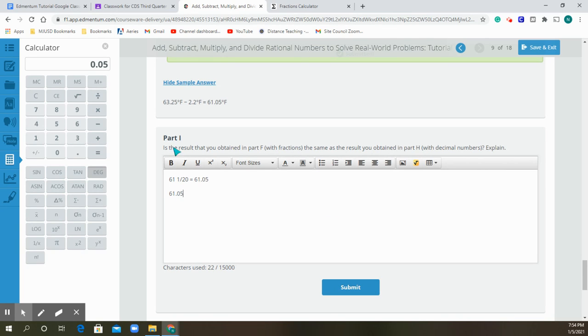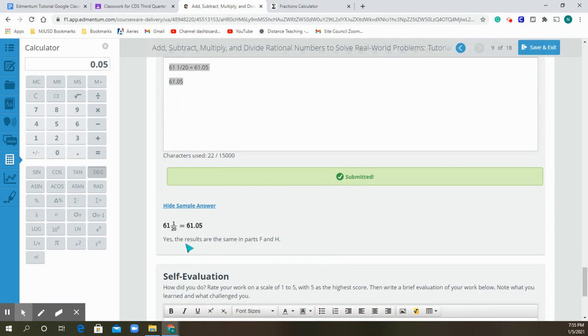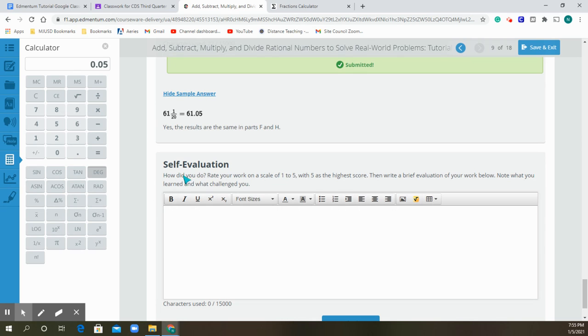So is the result I obtained in part F with the fractions the same as the result you obtained in part H? Yes. Explain. Here is our explanation. Yes, the results are the same in parts F and H. Self-evaluation, how did you do?